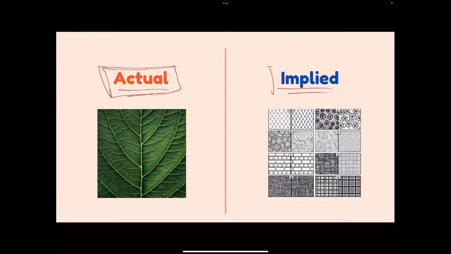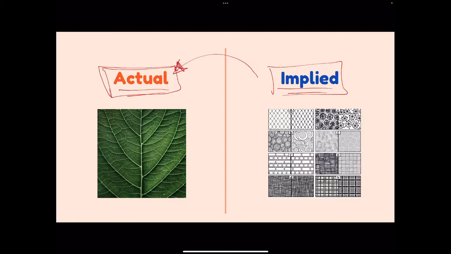And implied means the things that artists make, the human made. Things we make to replicate the things that are already made in nature. So you can use painting, you use a pencil or a pen to replicate what is already made.